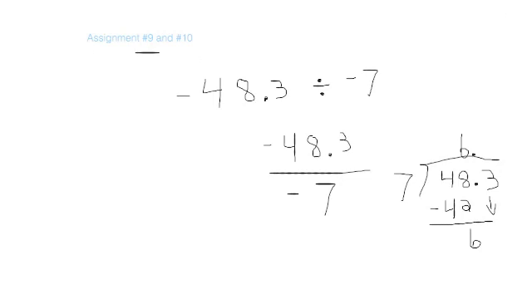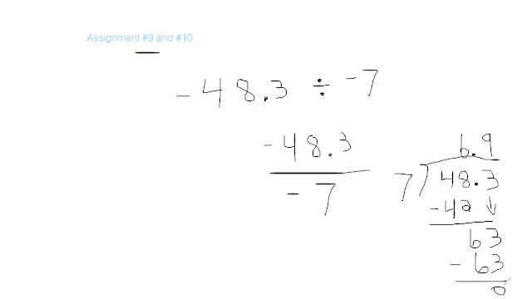Now we have 63. So now you have to figure out how many times 7 goes into 63. You're going to find out that it's 9 times. 9 times 7 is 63. And then you're done.